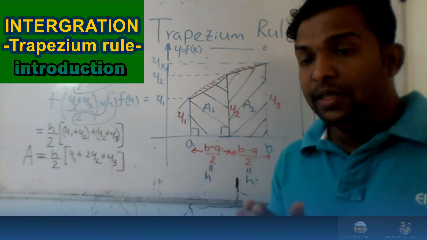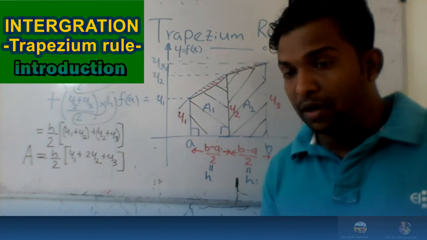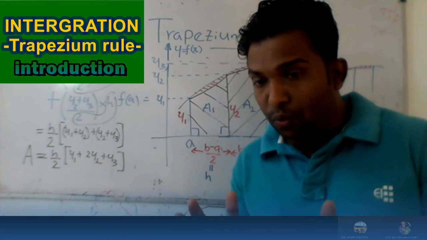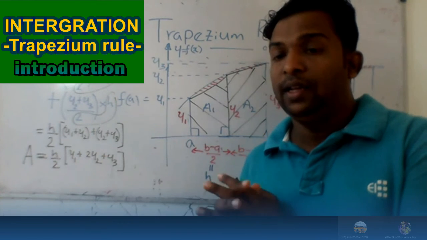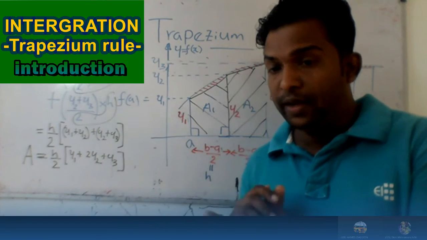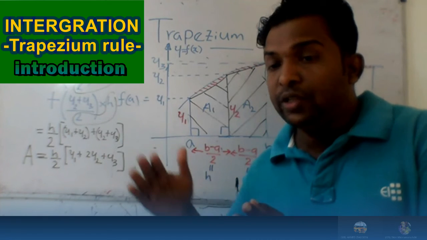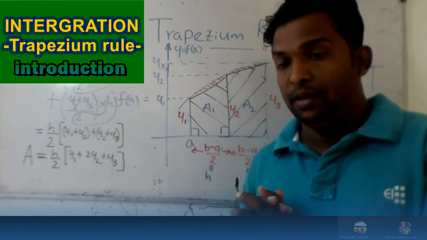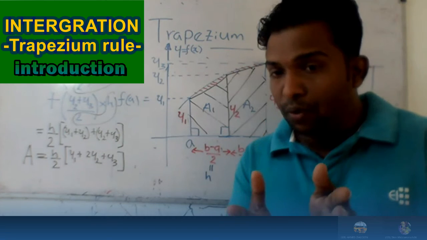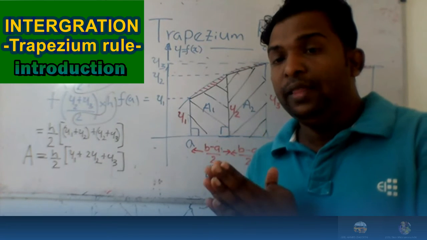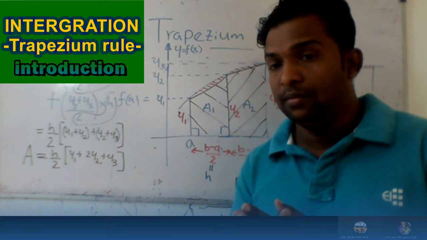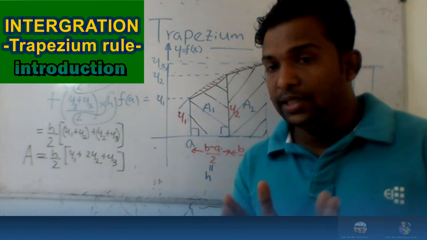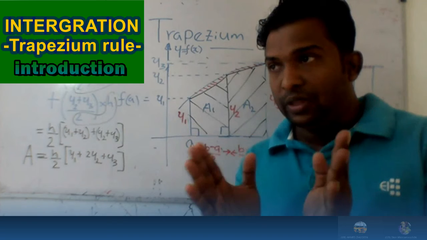Don't write. This is the brief explanation about the trapezium rule, and I just want to compare that with finite integration or definite integration. That means integrations with limits. As you know, integration with limits will give you the area. Now, both of you can understand that, right?